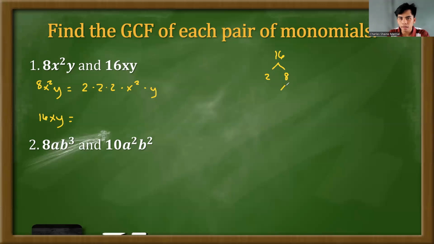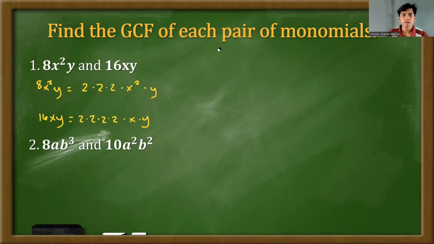Yung 8 pwede pa natin kunin, so we have 2 times 4. And yung 4 pwede pa ulit, we have 2 times 2. So, ibig sabihin, ang prime factor ng 16 is 2 times 2 times 2 times 2 times x times y. Okay? I hope nakakasunod lahat.